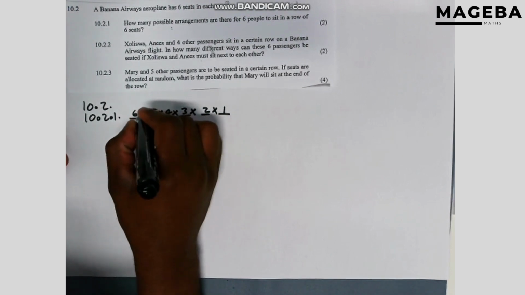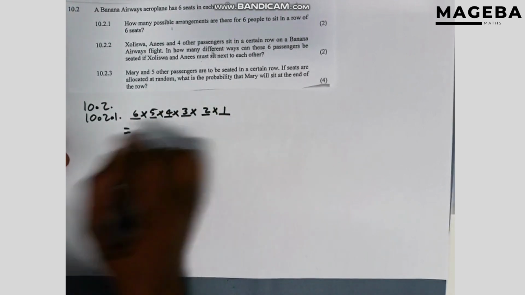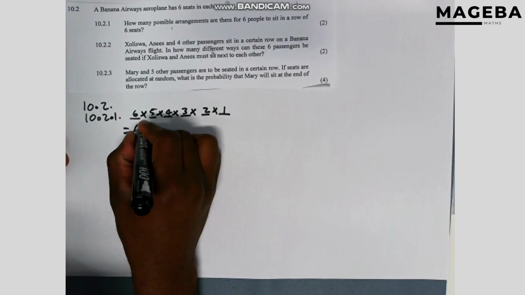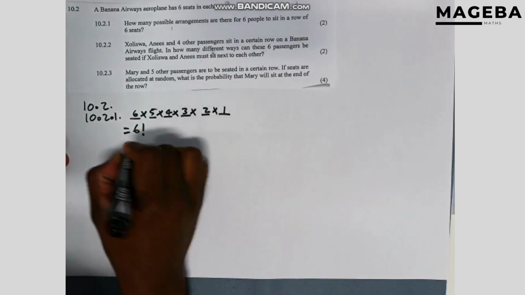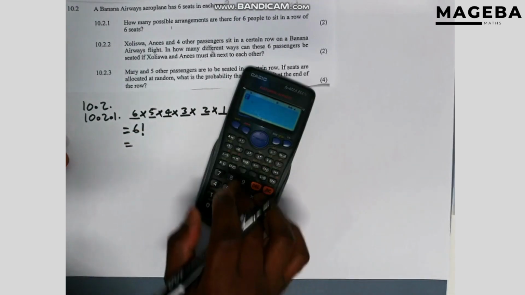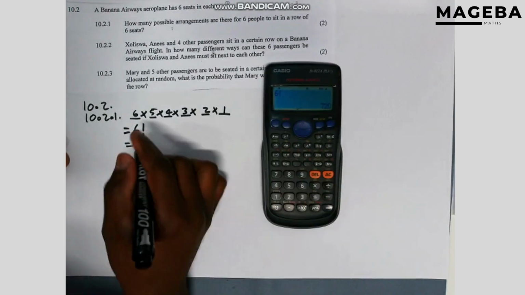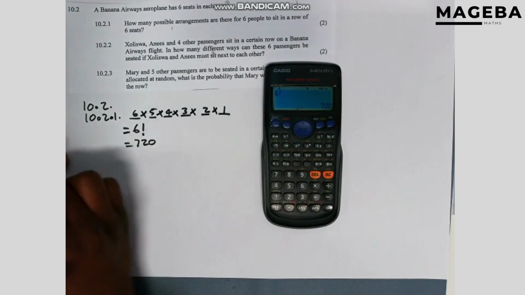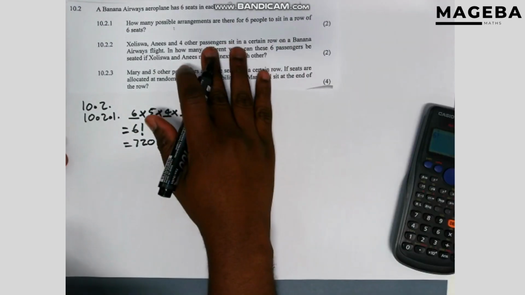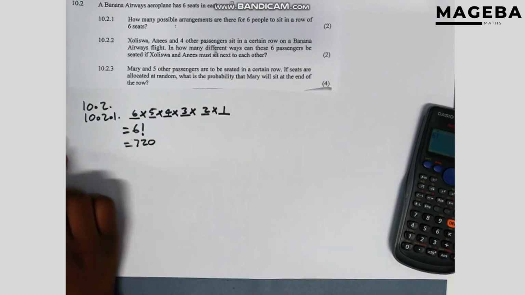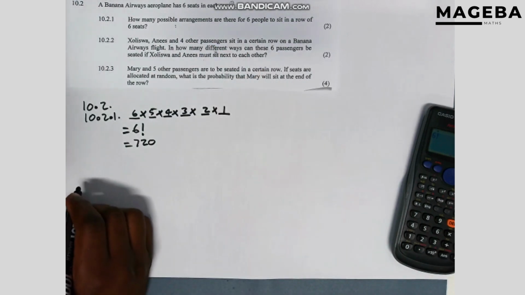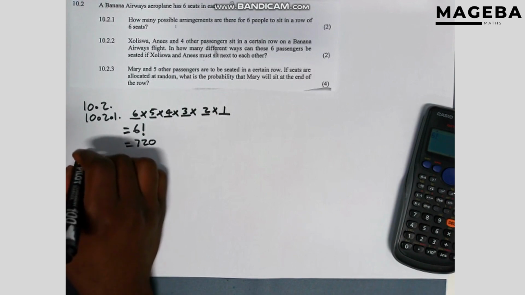We multiply these possible arrangements, which is just 6 factorial. What is 6 factorial? It's 720. So the arrangements are 720 in order for these people to sit in the row.